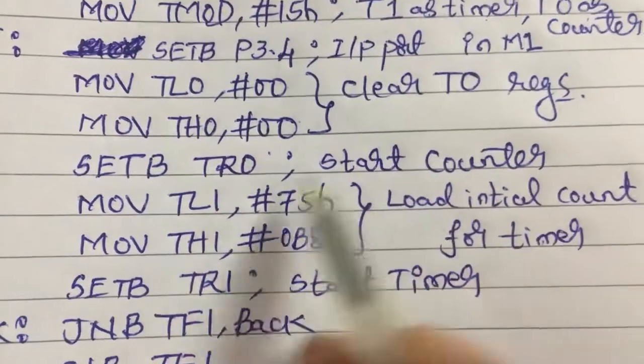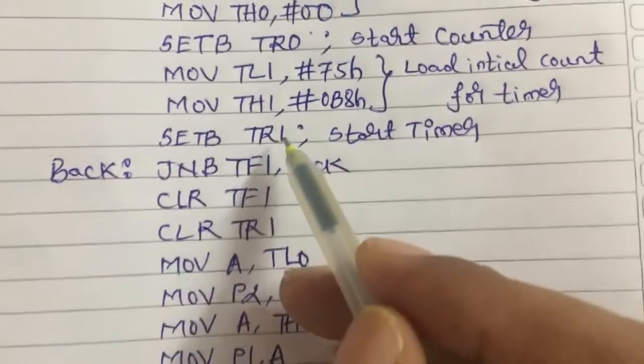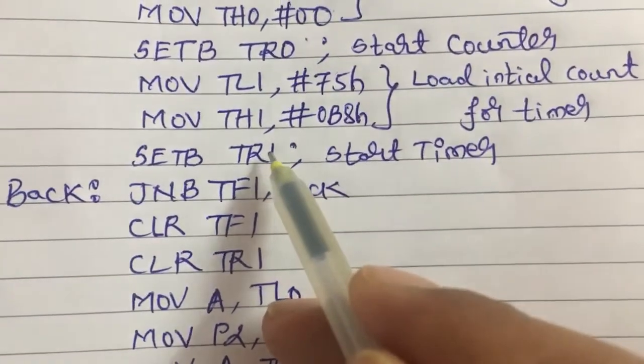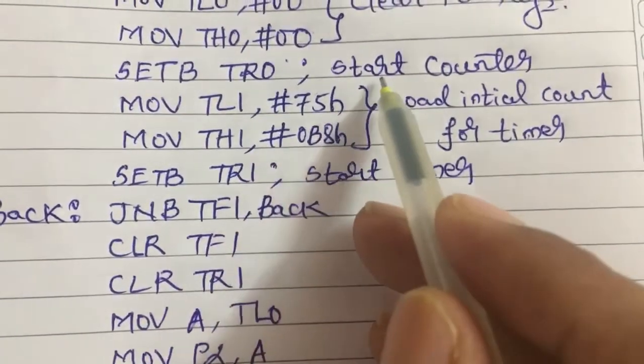T0 is acting as a counter, T1 is acting as a timer. Now start the timer. When the timer starts, at the same instant the counter has also started.